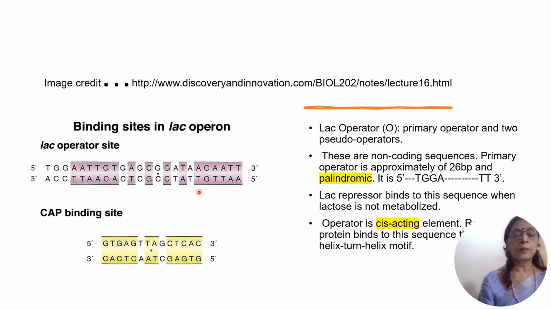Lac repressor binds to this lac operator when lactose is not metabolized. Operator is a cis-acting element because it is in the same DNA as the gene. CAP binding site is the binding site for the cyclic AMP-CAP complex.